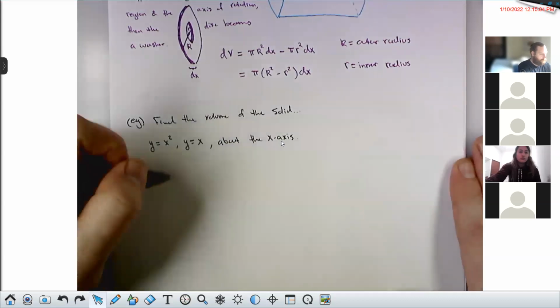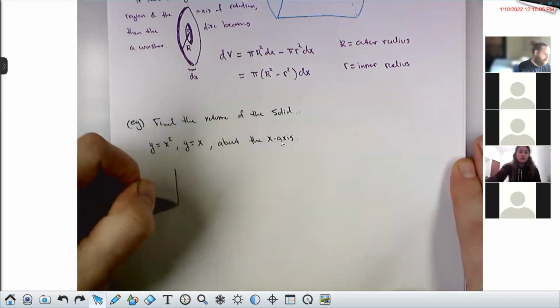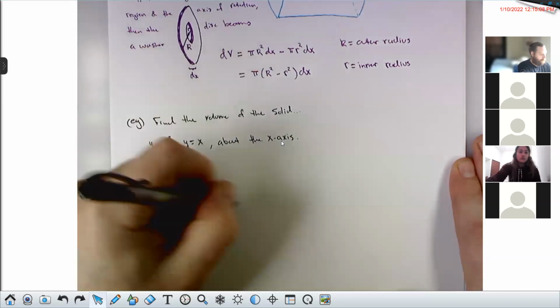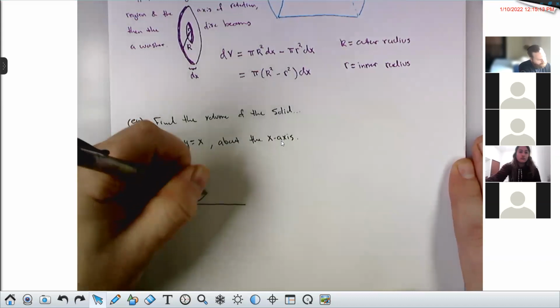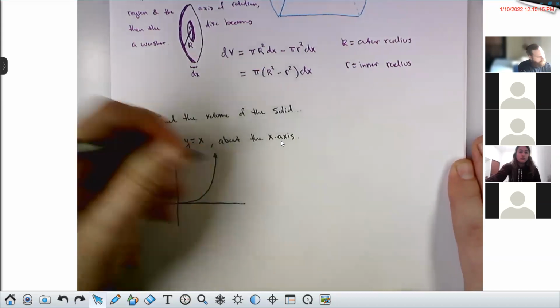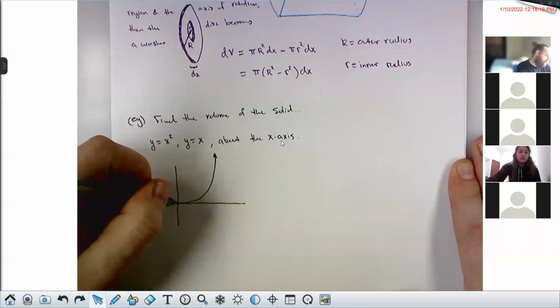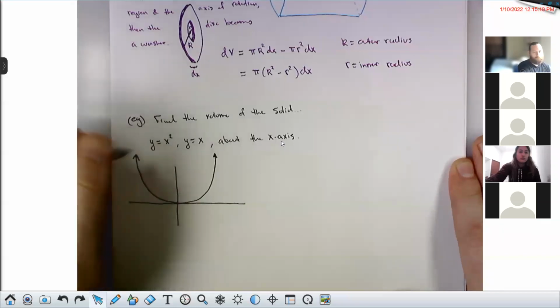So first I'm going to sketch these curves. Here's the curve y equals x squared.